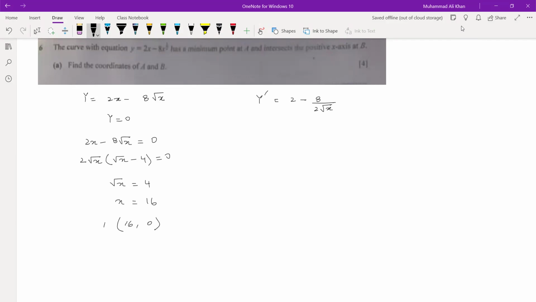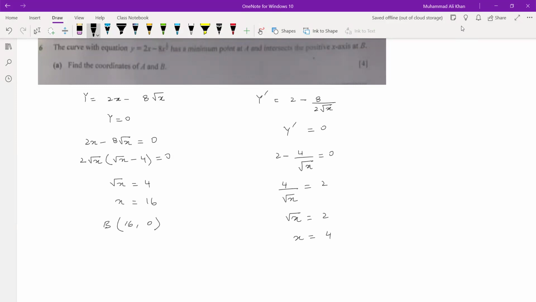This is point B, and after that dy over dx equals 0. It means 2 minus 4 upon under root x equals 0, so 4 upon under root x equals 2, and under root x equals 4 upon 2, which is 2, and x equals 4.